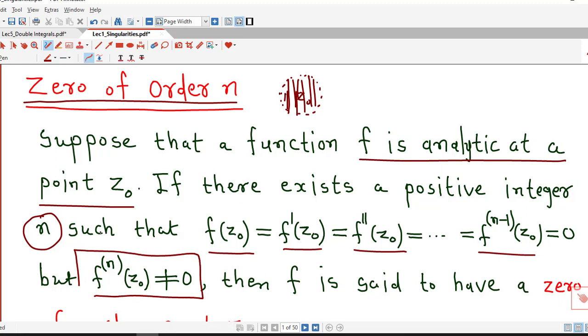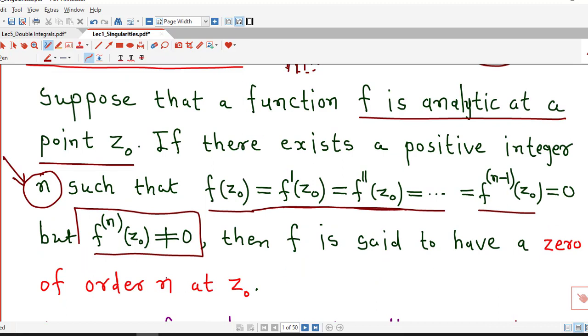If there exists a positive integer n such that the nth derivative is non-zero and derivatives of order less than n are 0, then this positive integer n is called the order of this zero.